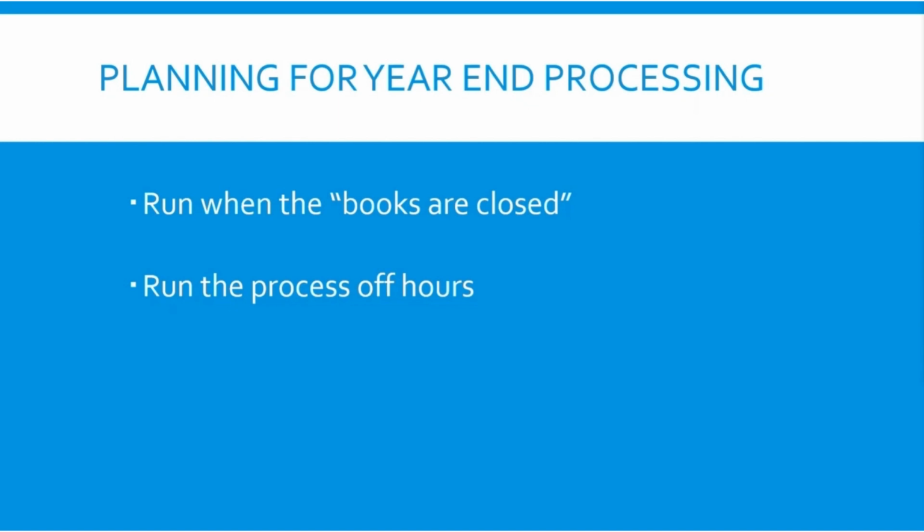But now in the newer versions, and when I say newer, I mean anything back to 2015, I think, when they moved everything to the new Forex framework, it's not as critical for those roll forwards. So if you get way behind in your year ends, we can catch you up quickly just by going to the last period of the fiscal year. So it cuts some time off that way.